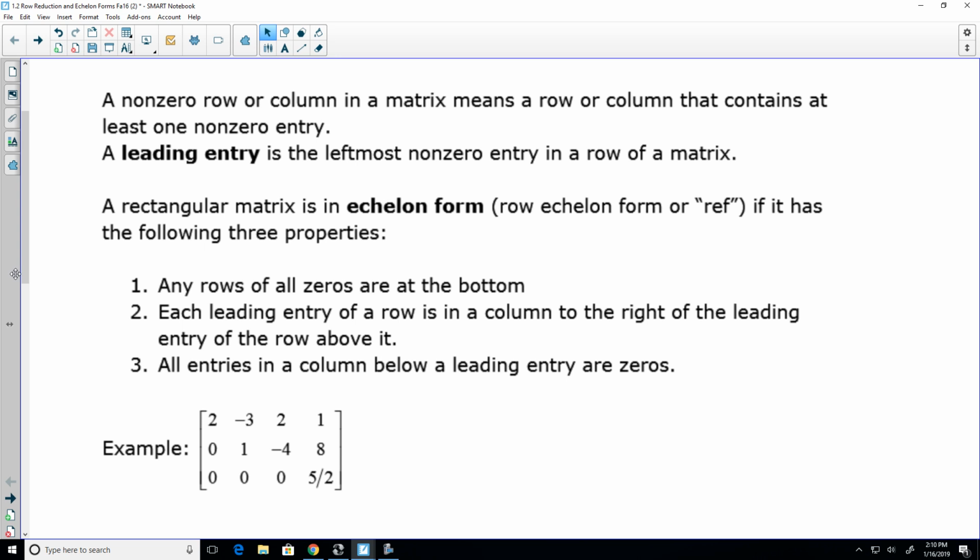So a non-zero row or column in a matrix means a row or column that contains at least one non-zero entry. It doesn't mean there are no zero entries. It means that there's at least one that's not zero. Okay? Because a zero row or column means they're all zero. That's something that some students will confuse. The opposite of at least one is none. And the opposite of none is at least one.